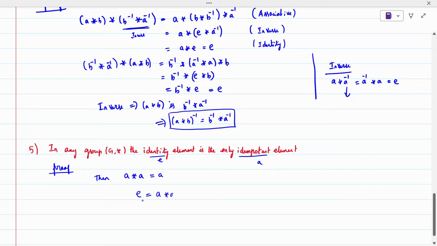A star A inverse, because of the identity element. A star E is nothing but A star A inverse. I can write it.